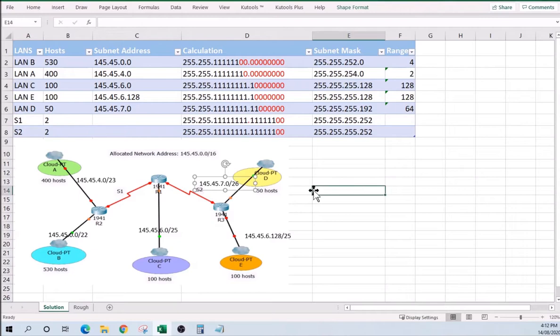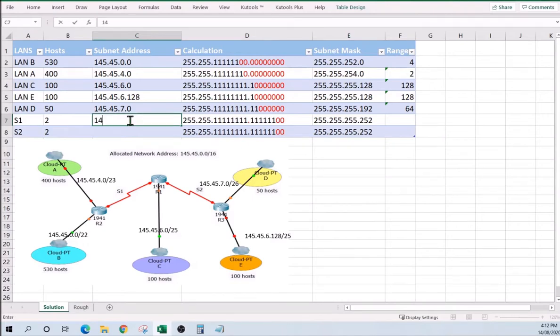And now we have already found the range for LAN D, which is 64 on the 4th octet, so LAN D will be expanding from 7.0 to 7.64, which would be the address for serial 1.